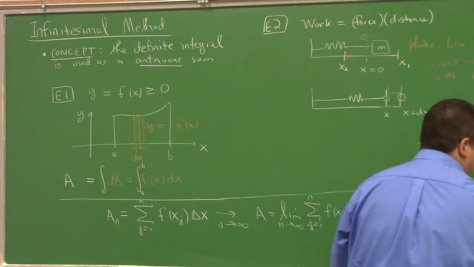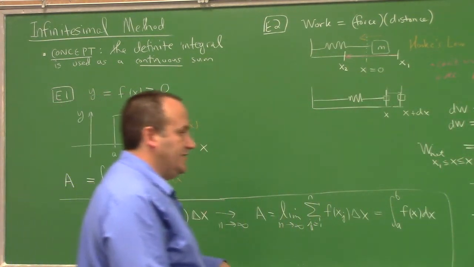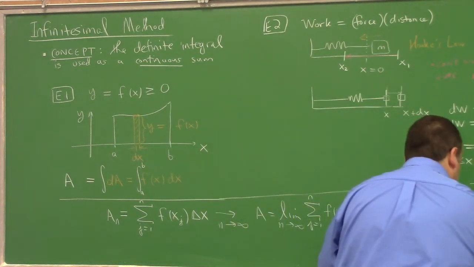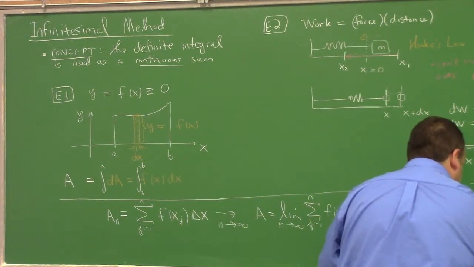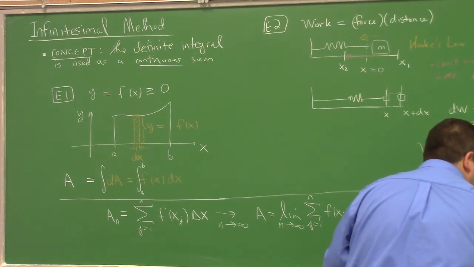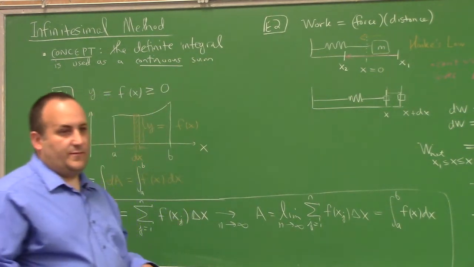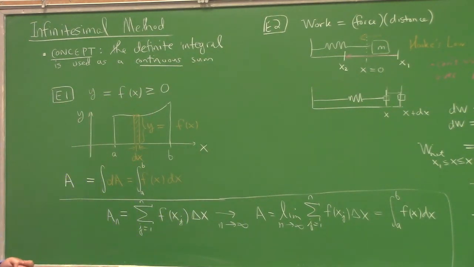So I'm using the fundamental theorem of calculus part 2. And so what we get is 1/2 k times (x1 squared minus x2 squared). That's the formula for the work done by the spring.